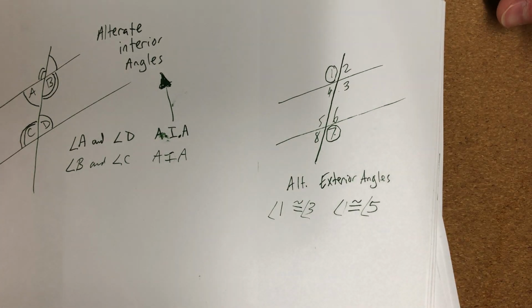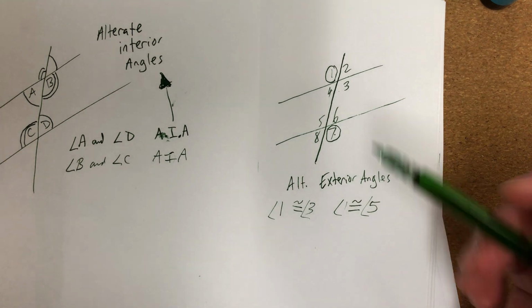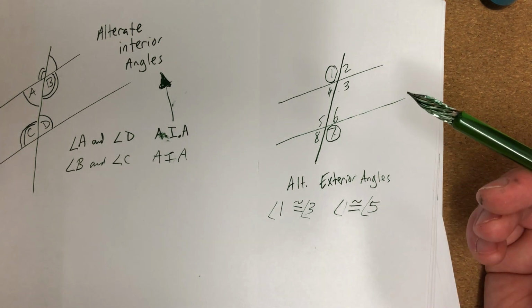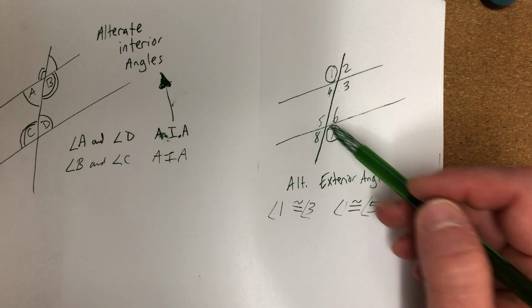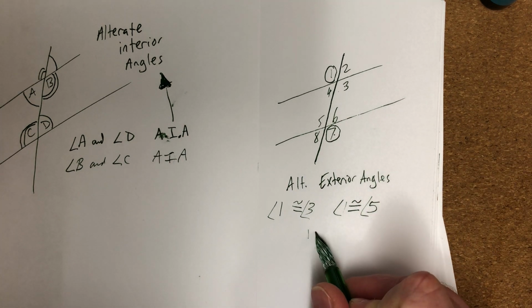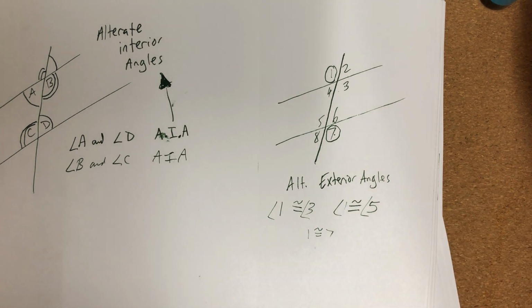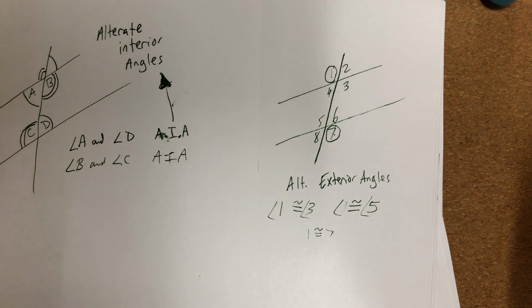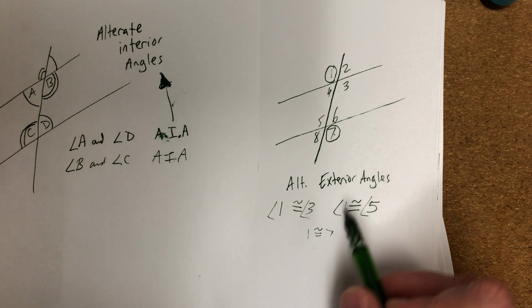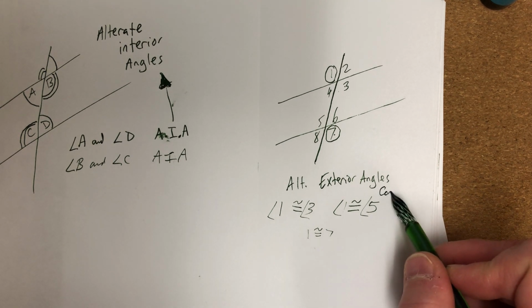Oh, wait, 5 and 7 are vertical, so they're congruent. So yeah, 1 and 7 are congruent. Lo and behold, you might not be surprised. So alternate exterior angles are also congruent.